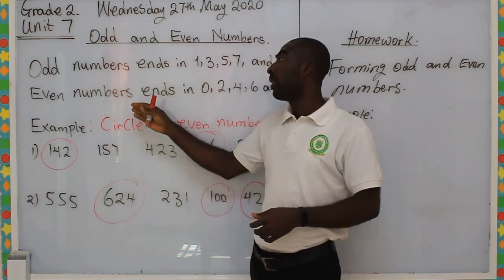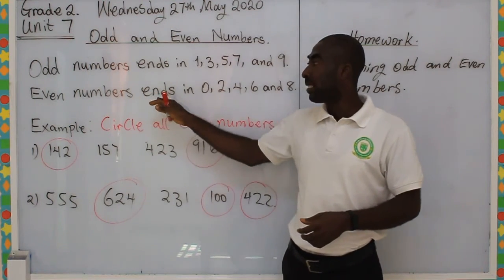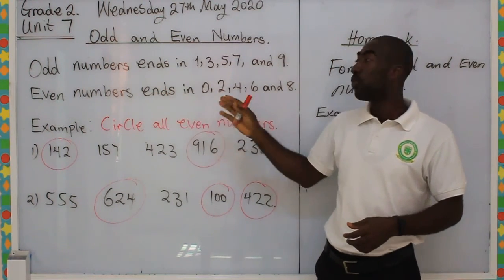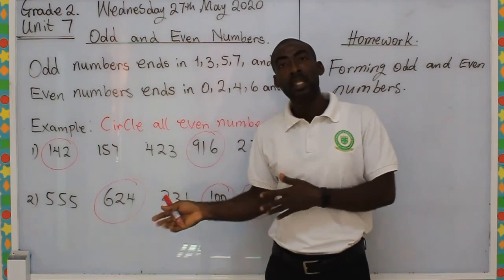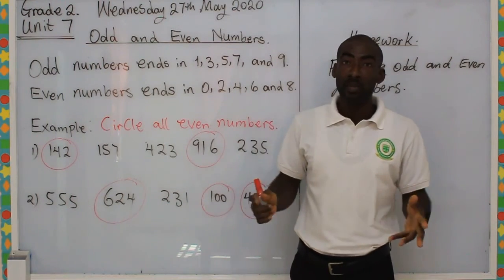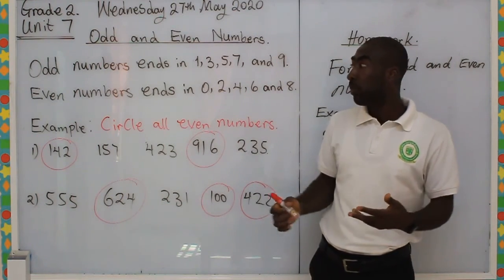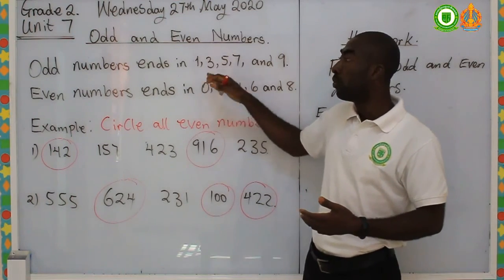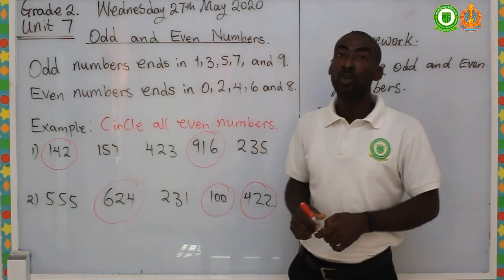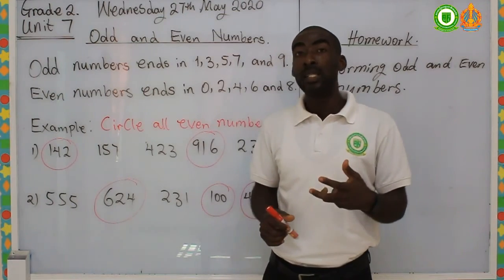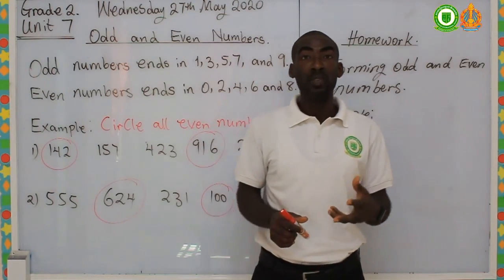If your number has the last digit, which is the end digit, to be 0, 2, 4, 6, or 8, it means that particular number too is an even number. With these two clues, it's very easy for you to always identify what is an odd number and what is an even number.